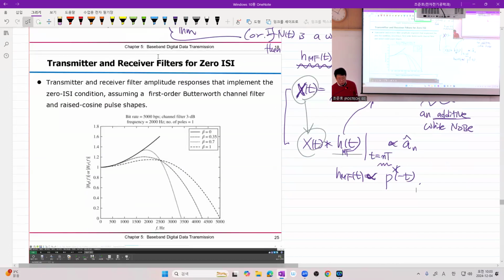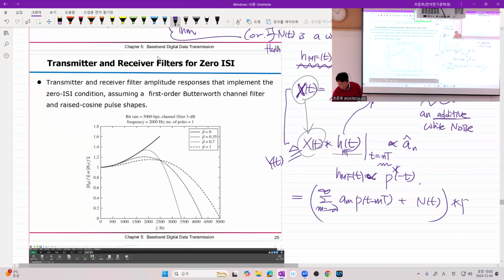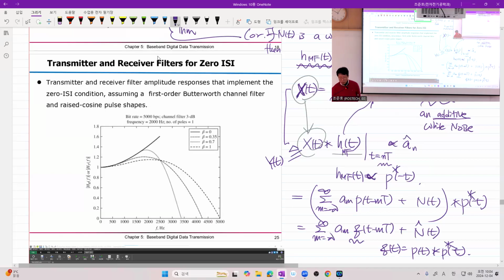Now, you may define this as y of t in the previous discussion. Then what is q of t? Q of t is simply the time autocorrelation function of P of t.